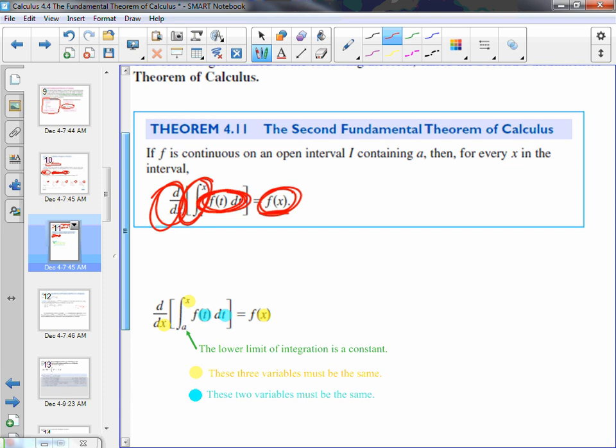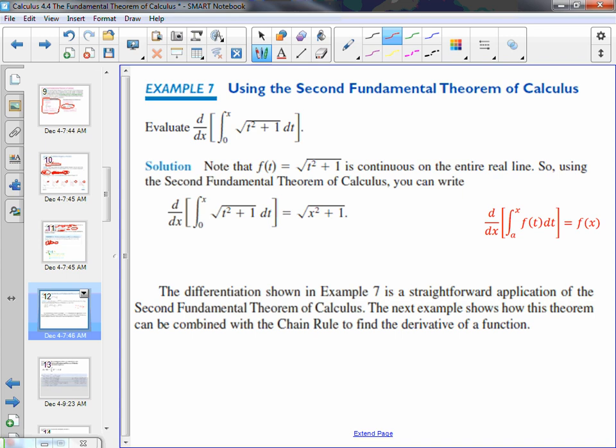All right. Now let's see how this works in practice. So let's look at example 7 on page 290. It says, use the second fundamental theorem of calculus to evaluate the derivative with respect to x of the integral from 0 to x of the square root of t squared plus 1 dt.